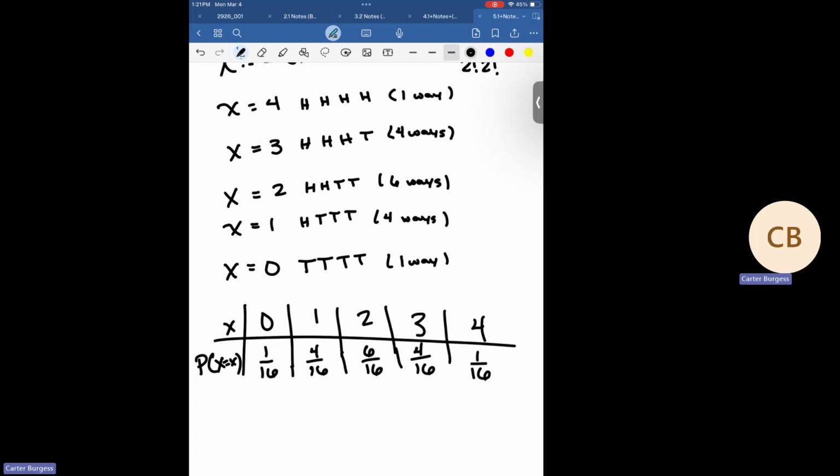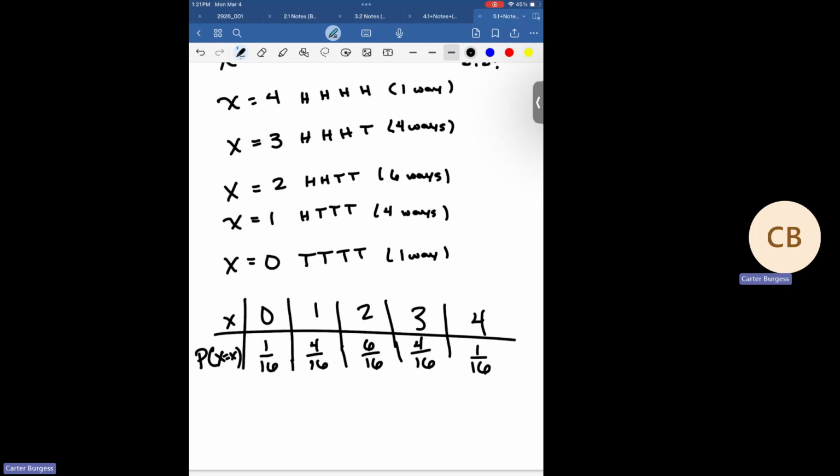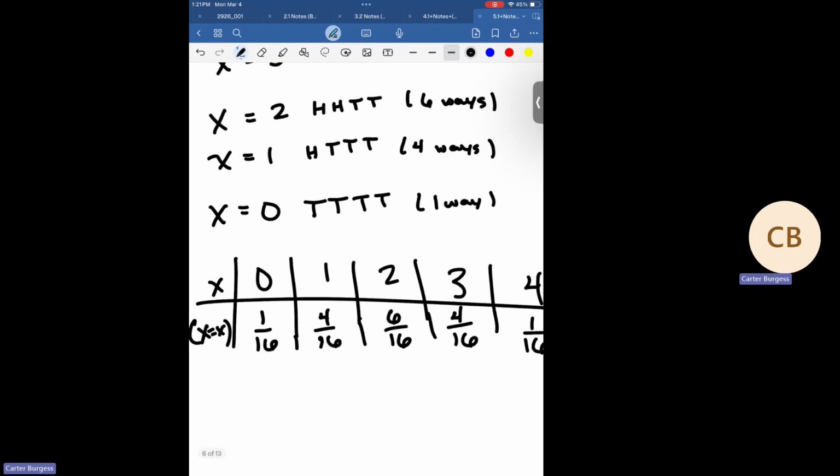Any questions with, as soon as I have the number of ways, as well as that attached to a particular x value, how we generated the probability distribution from there? Particularly focusing on this bit here.